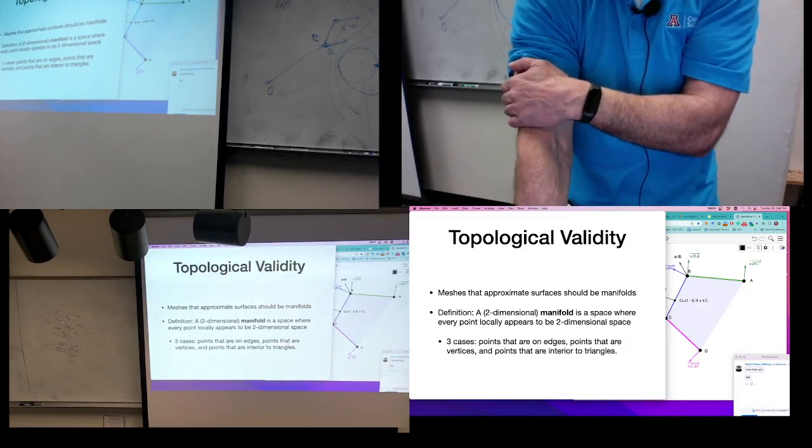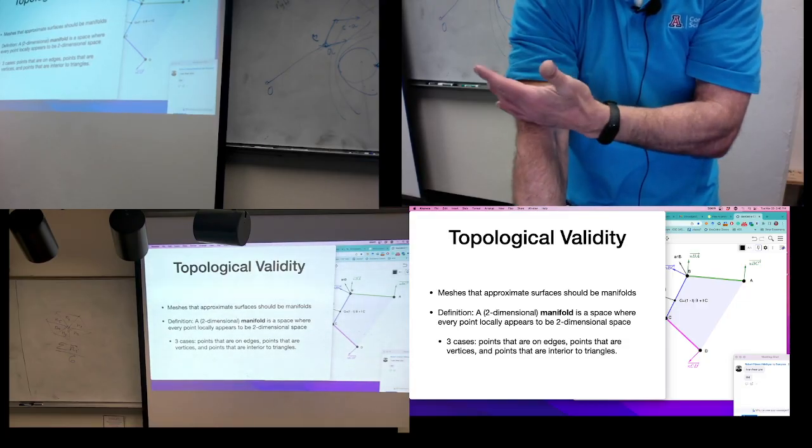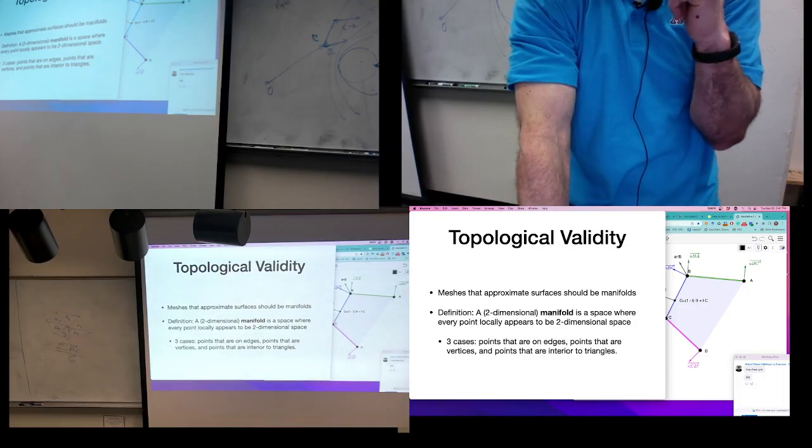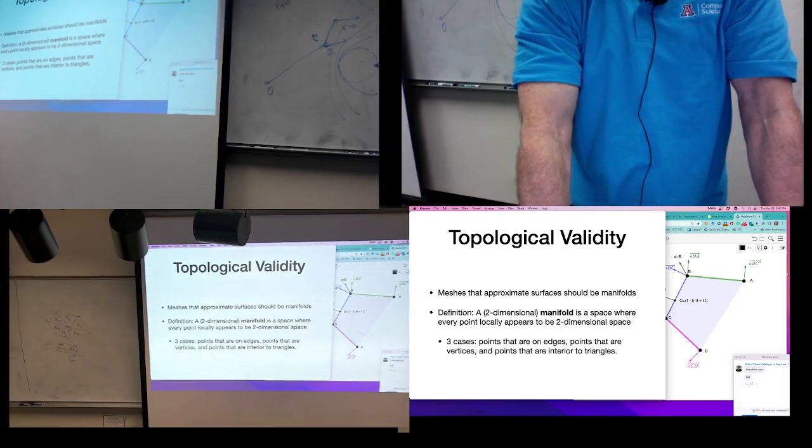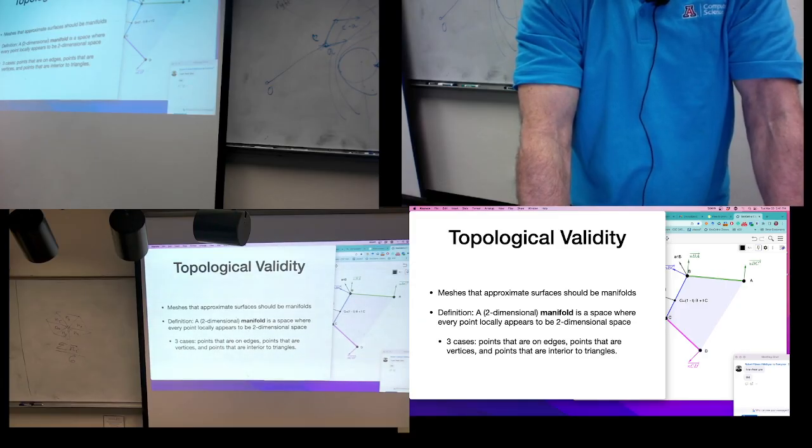OK. So essentially, we want our surface, if it's free of errors, I'm going to scan a bit through these slides, to be OK topologically. Why?